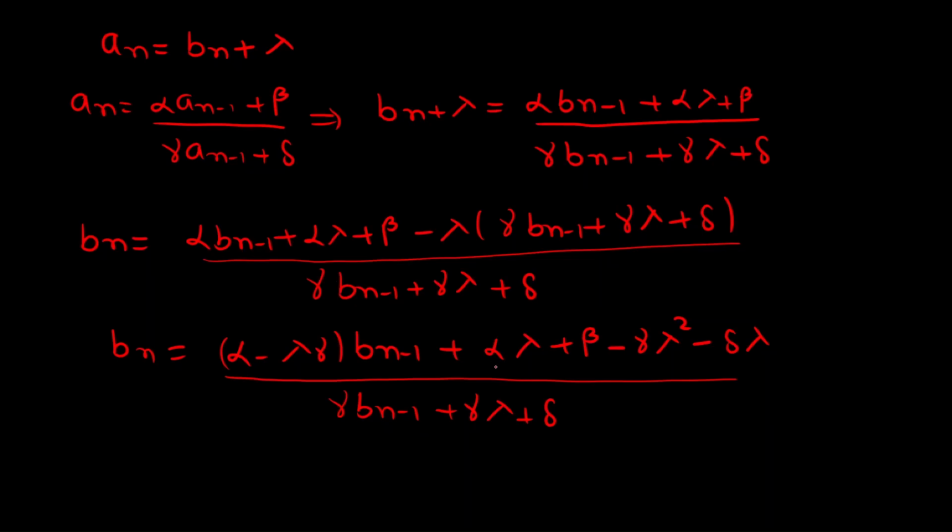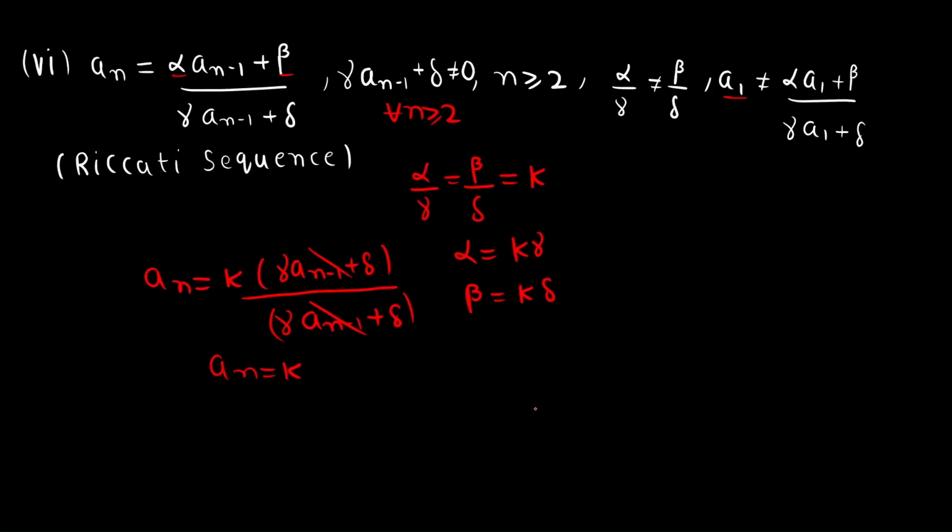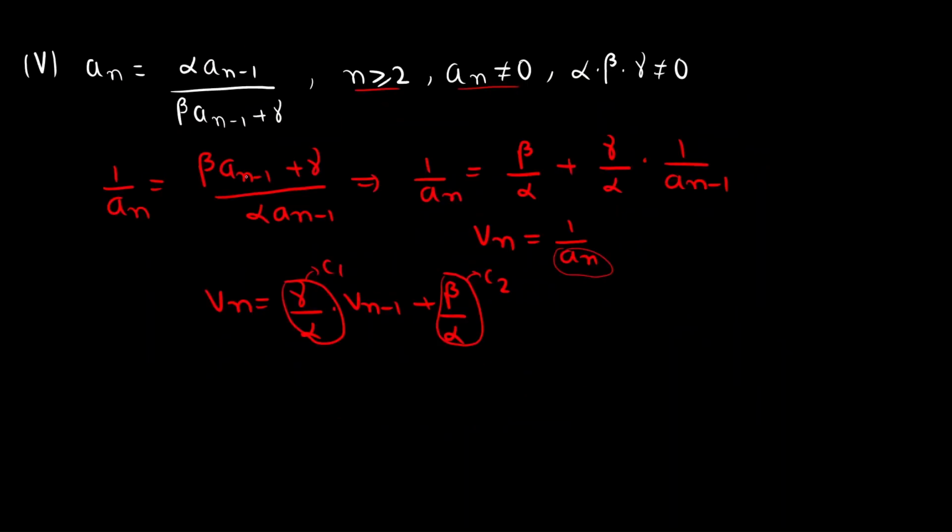Now if I choose a lambda such that this expression becomes 0, then I'll have b_n is equal to a constant times b_(n-1) divided by (gamma b_(n-1) plus gamma lambda_1 plus delta), where lambda_1, let's say it's a root, which is nothing but of this form.